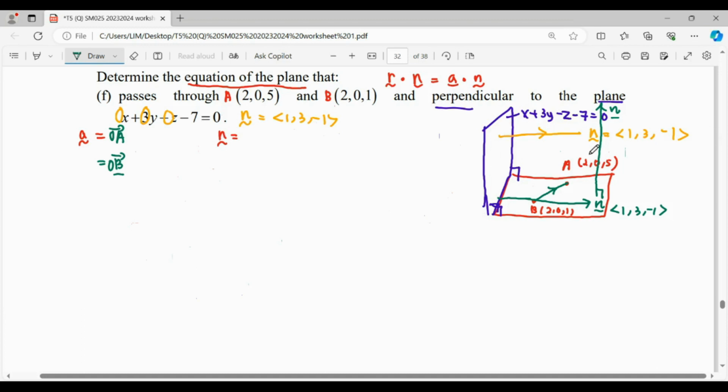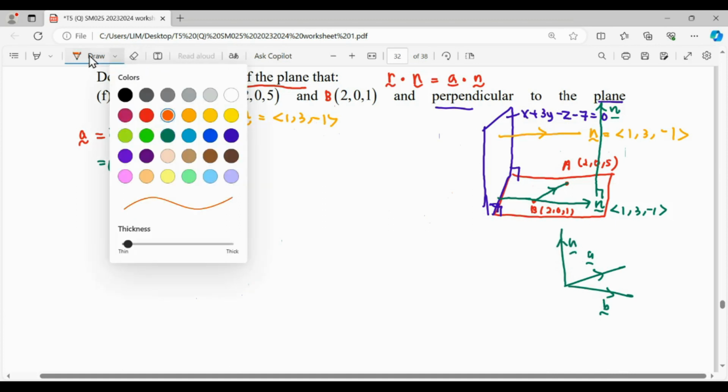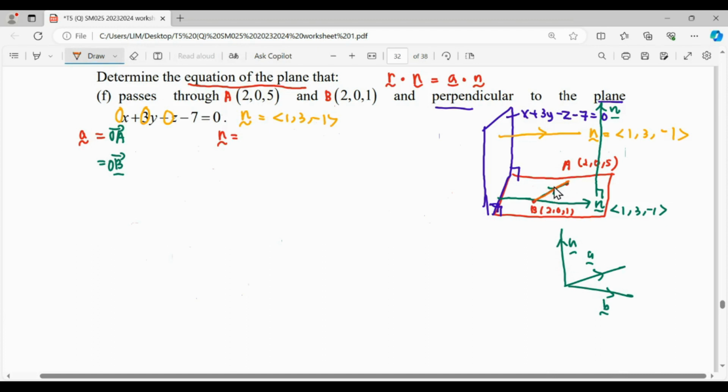To get the normal of the plane that we want, we need to do a cross product of two vectors. We use the vector BA and the direction of the normal from the given plane. So we need BA cross with the normal that we obtained from the given plane.